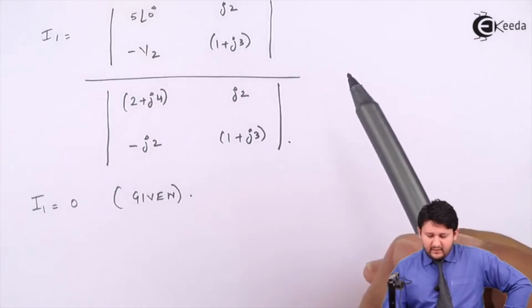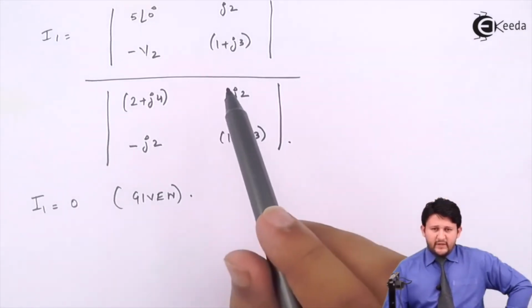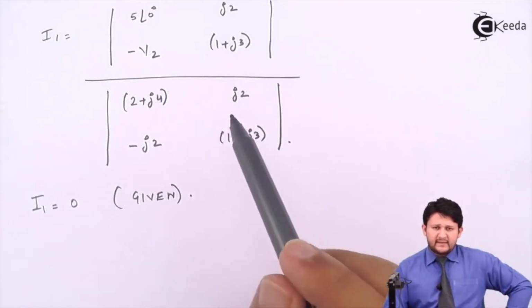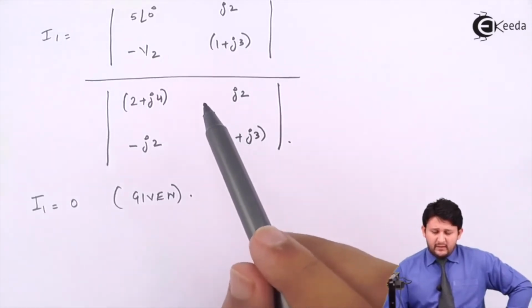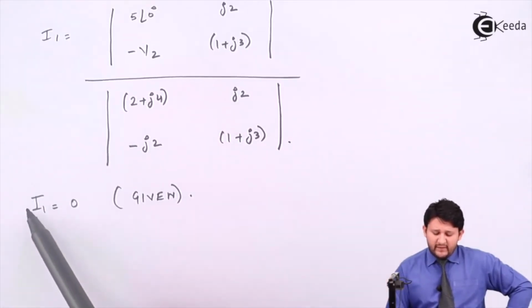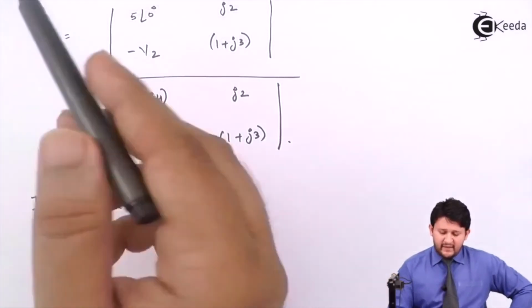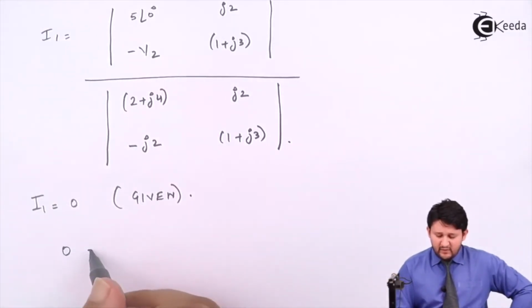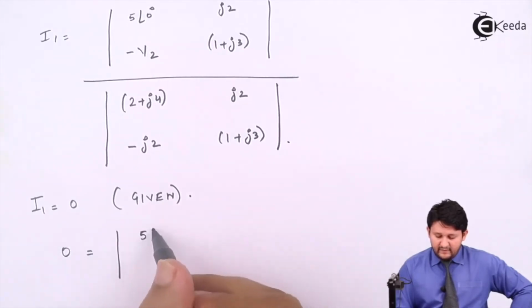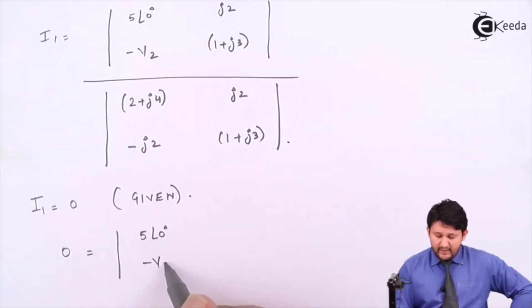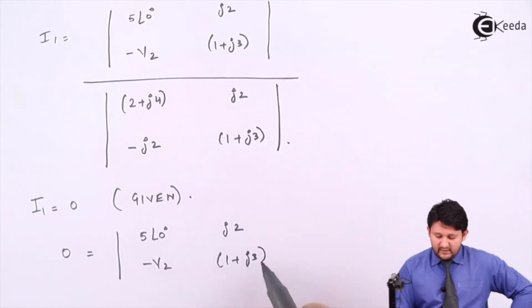We need to find I1 with respect to V2. In the question it is given that the loop 1 current is 0. So if this is 0, multiplying it gives 0, and my equation will be 0 equal to 5 angle 0 minus V2 j2 over 1 plus j3.